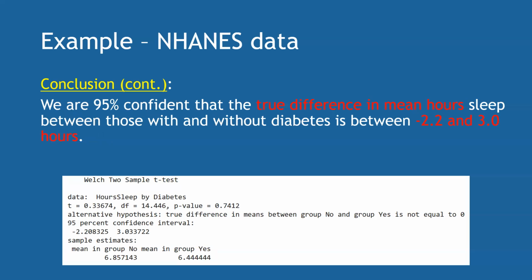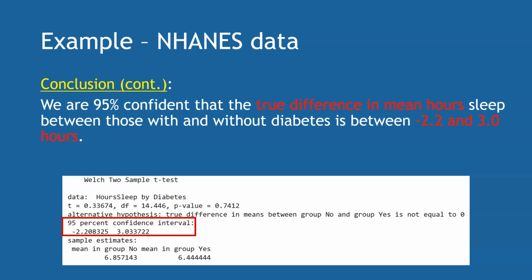All right, there's one more important part that we're given here, and this actually is connecting us back to whenever we did confidence intervals. So here, the t-test gives us a confidence interval in the output. So then we just need to make sure we know what this confidence interval is looking at. So here, it tells us that the alternative hypothesis is the true difference in mean between group no and group yes is not equal to 0. Or another way of saying that they're not equal to each other.